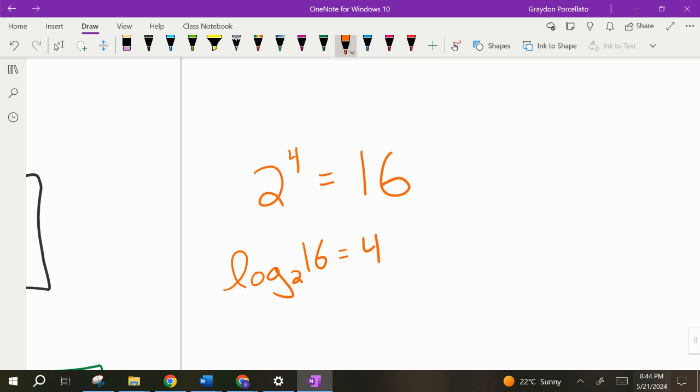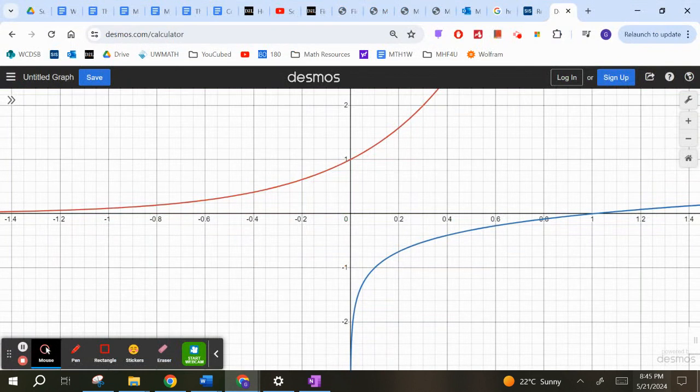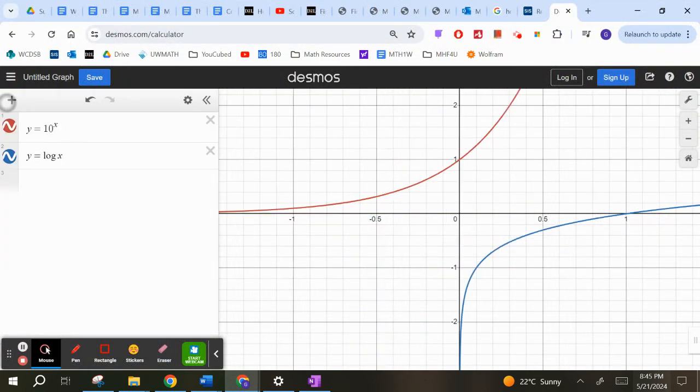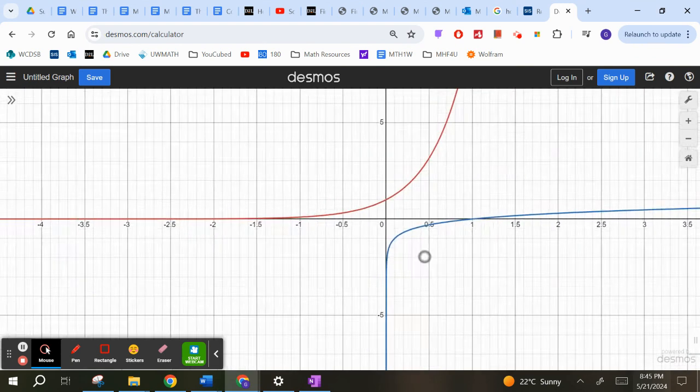Okay, so quickly, I do want to take a look again. The red graph here is an exponential function with base 10, and the blue is a logarithmic function. So you can see here that these two graphs are inverses of each other.